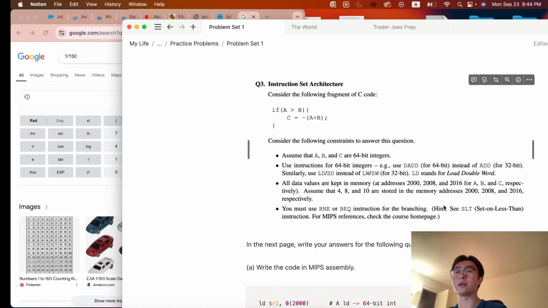What does the SLT instruction do? Oh, I see.